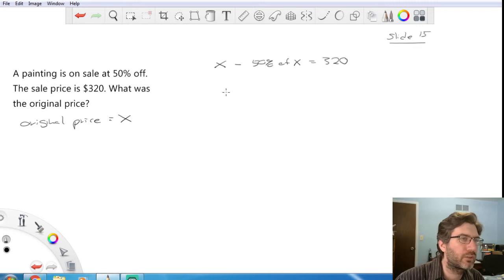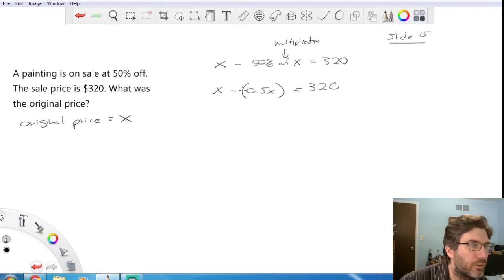So this is actually going to say x minus, again, we can't use the percent here. So I'm going to make it a decimal. 0.5 times the price. And remember, of is multiplication, equals 320.